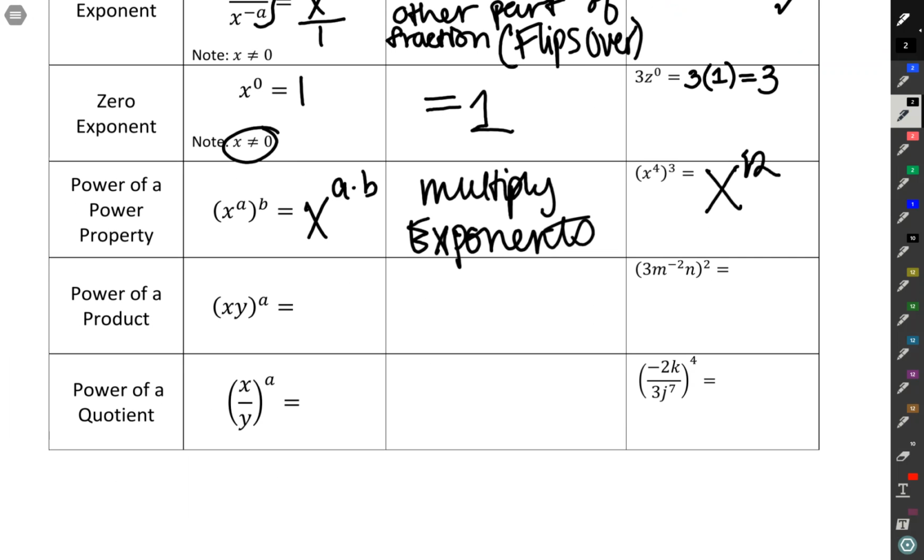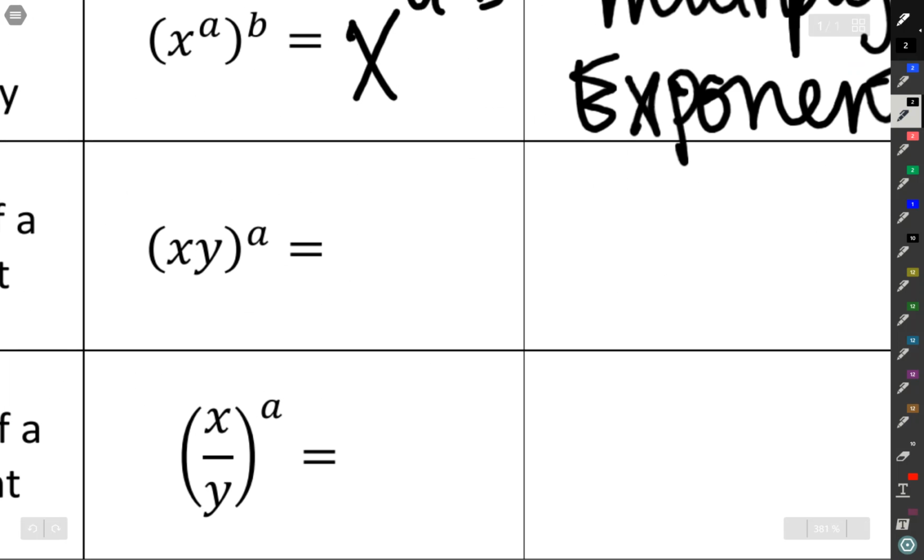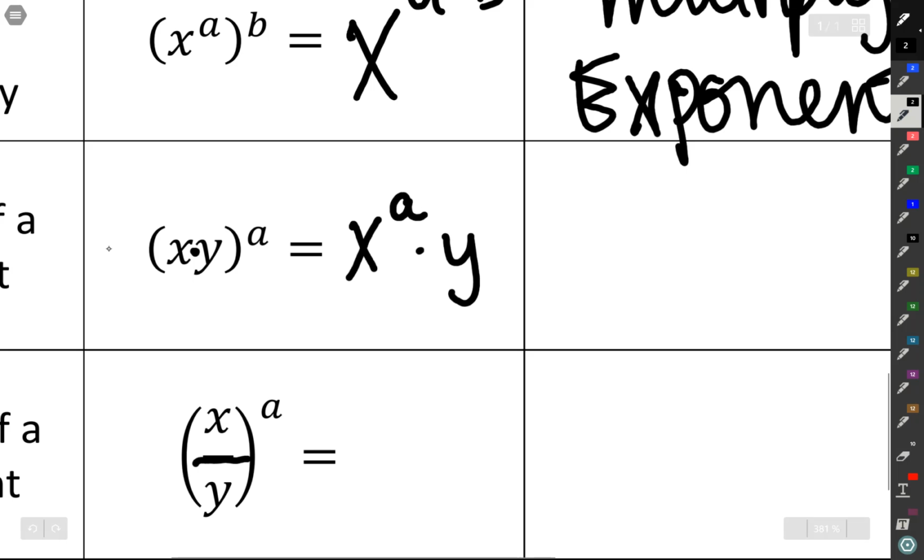And then the next two are very similar to each other. You've got two things of different bases, an x and a y in parentheses, either being multiplied or divided, being taken to a power of a. So then here you basically give each of those things an a.